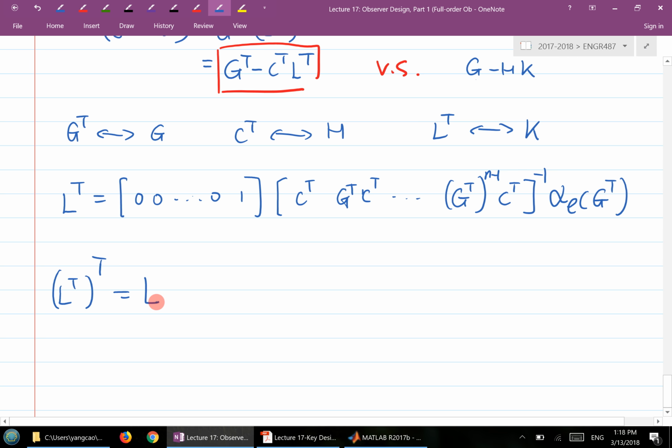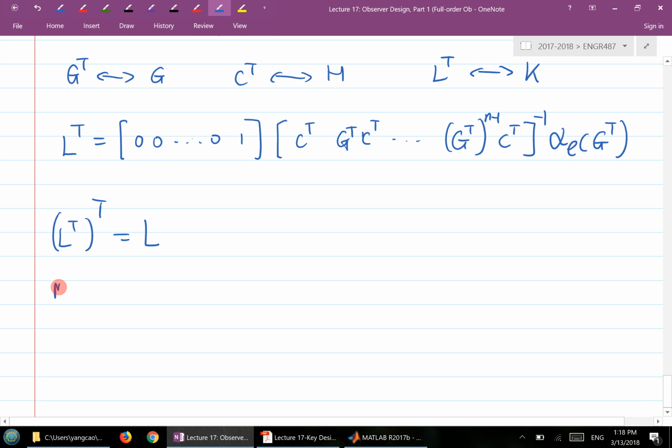Now, if I use MATLAB to help me calculate, we use the Ackermann formula, ACKER.